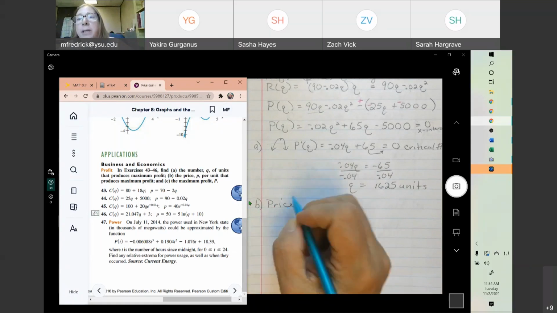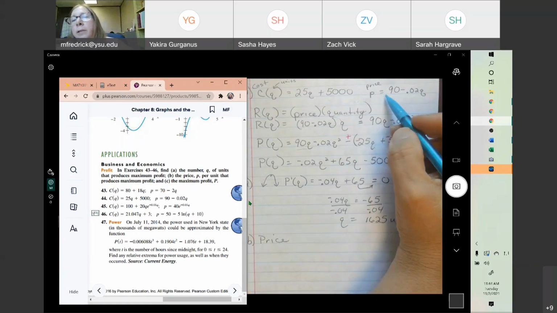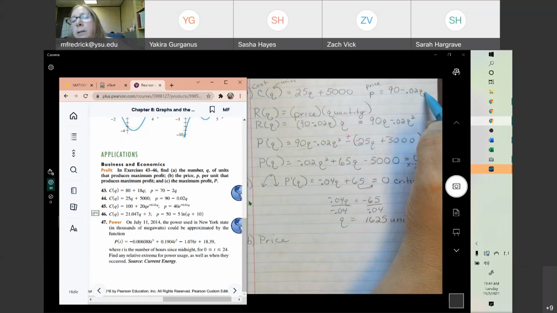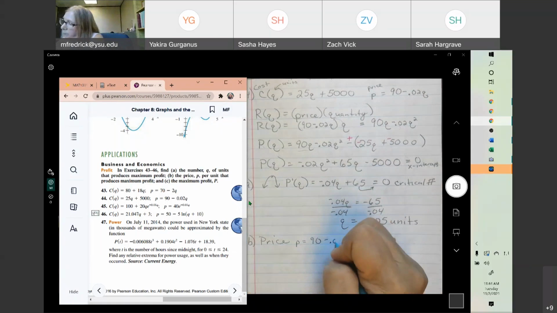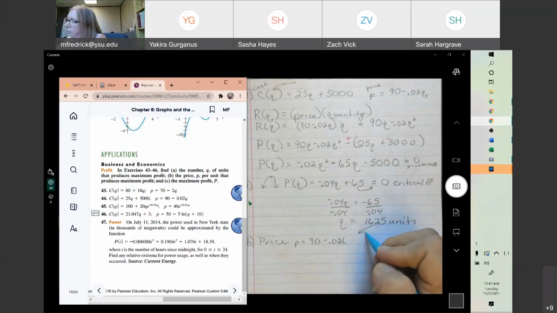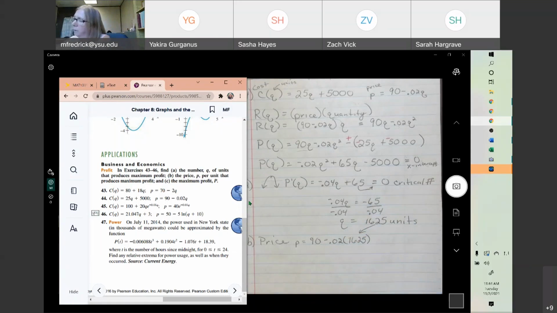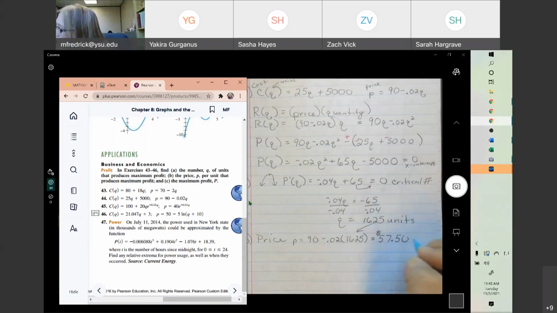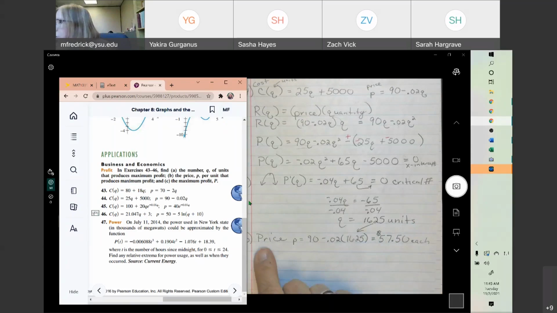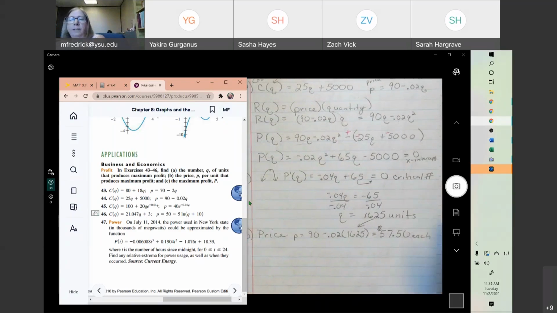Well, price is P. And if we look back at our original, here's the price. 90 minus 0.02 Q, and Q is 1625. So we'll sell them for $57.50 each.